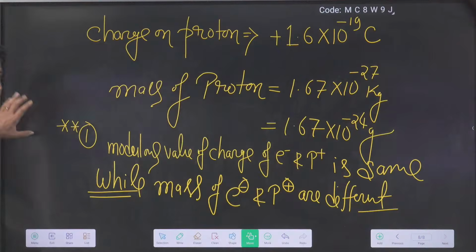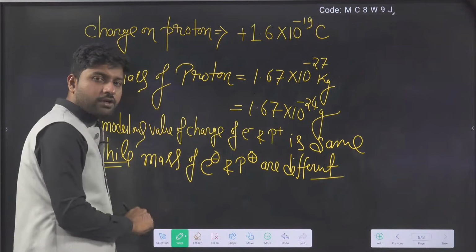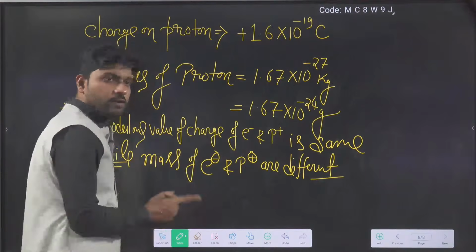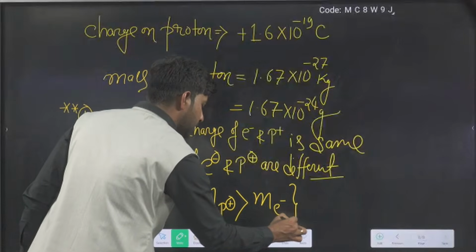And which is heavier, electron or proton? Tell me, which one has more mass? Proton's mass is greater than the mass of the electron.